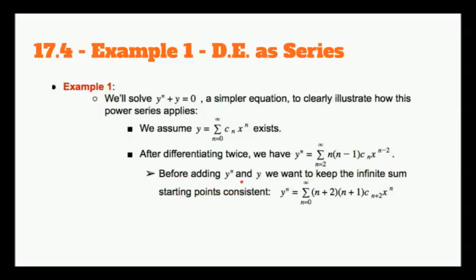Before adding y double prime and y, we want to keep the infinite sum starting points consistent. We get y double prime equal to a summation of n plus 2 times n plus 1 times c(n plus 2) x to the nth power.